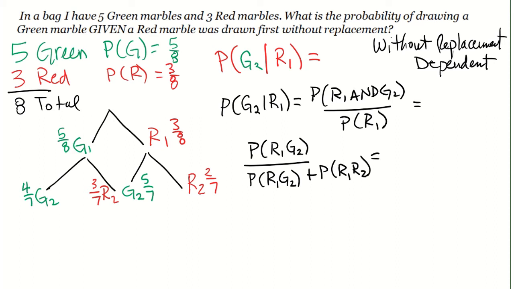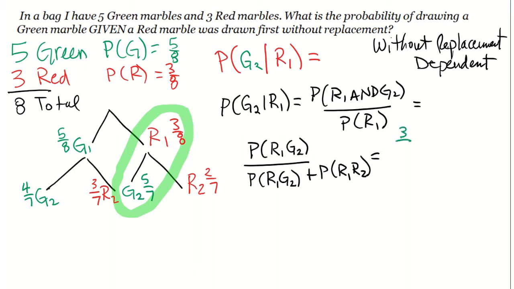So once again, let's visually look at the sample space so we can see what it is that we are calculating. The first thing that we're looking at is we want to draw a red and then a green. So that is this right here. So we're going to put those numbers on the top.